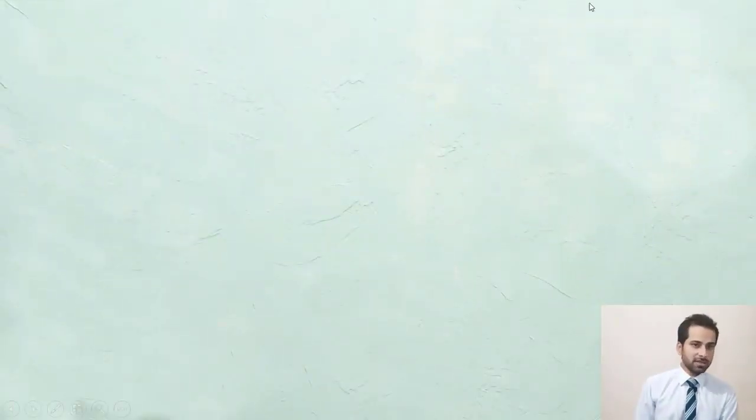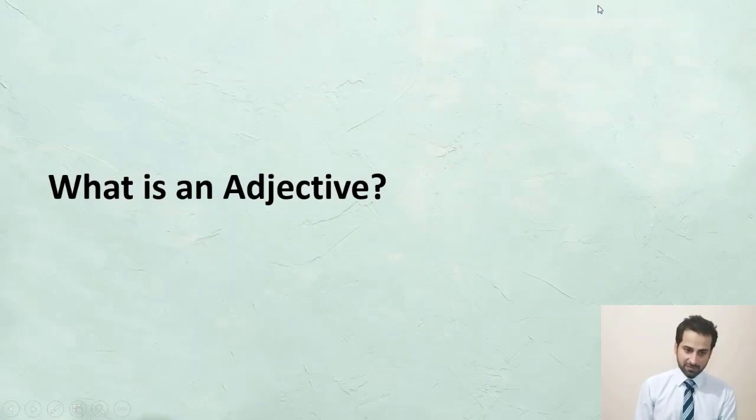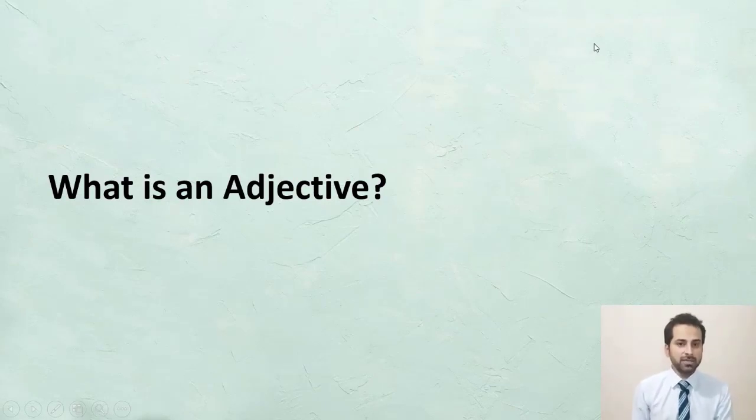Students, there is a question in our mind. What is an adjective? You have learned in your previous classes what an adjective is. I hope you are all aware of that. So can anybody tell me what is an adjective? Yes, an adjective is a word that describes a noun, that tells more about a noun and qualifies a noun.